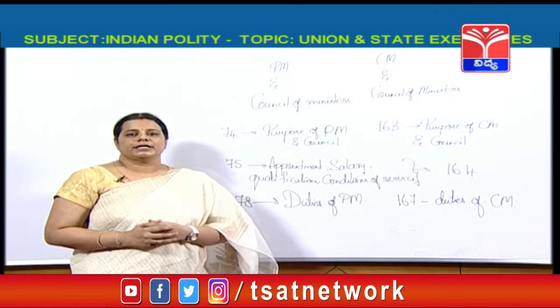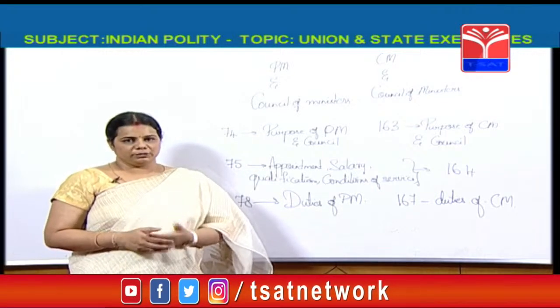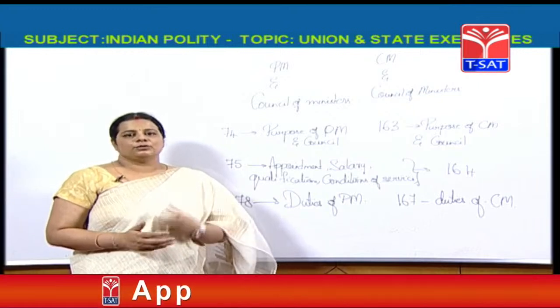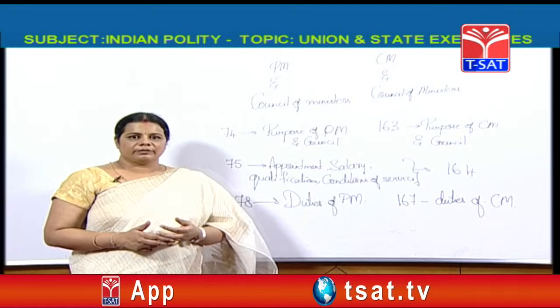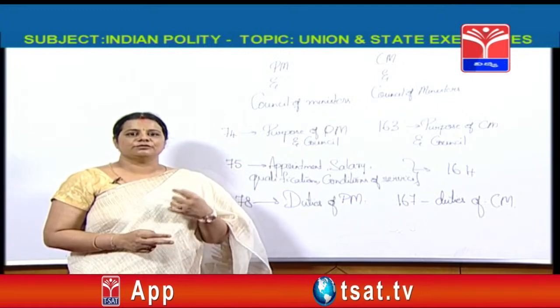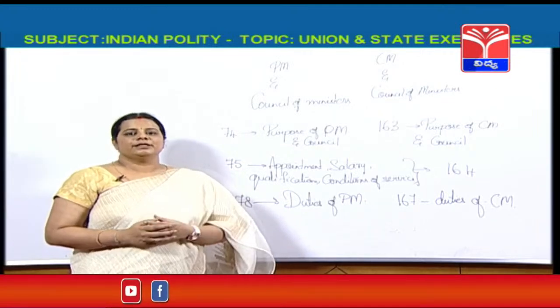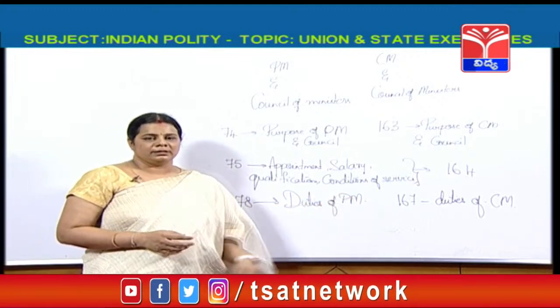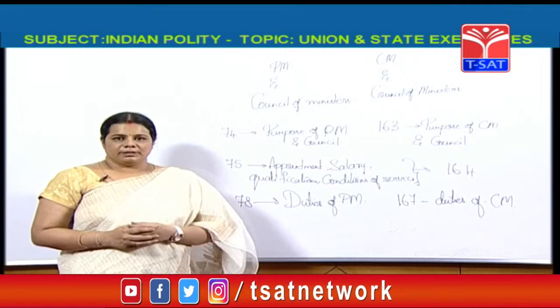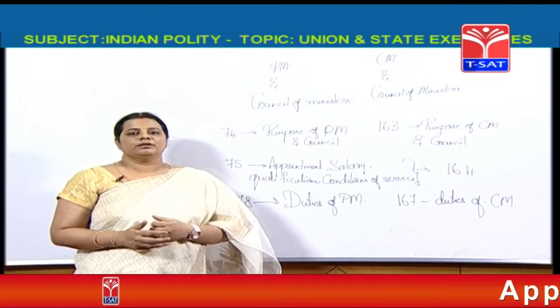Qualifications. What are the qualifications required to become a minister of the union or the state? First qualification is he should be a citizen of India. The second qualification is he should have completed the age of 25 years. Enduku 25 years ante there is a condition of service for the minister. Any person who becomes a minister must be a member of parliament.